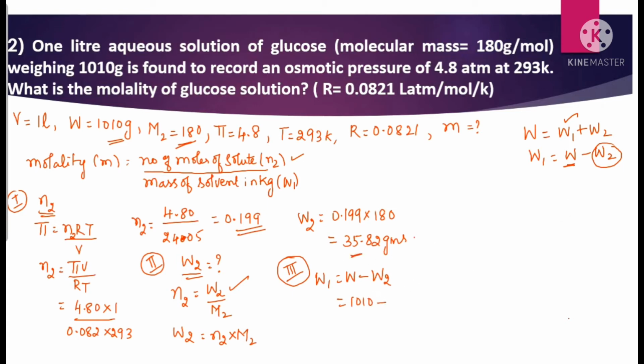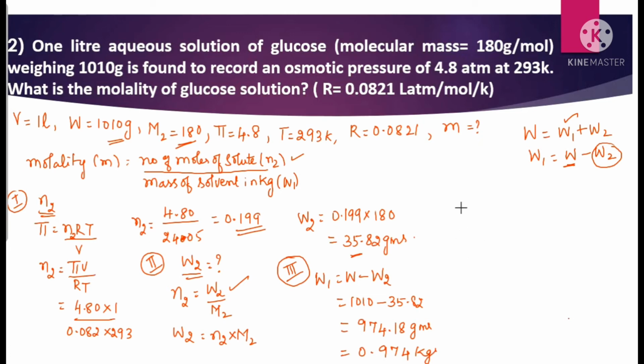Here it is 35.82. Find out the answer. It is 974.18 grams, but we are in need of the mass of the solvent in kilograms, so we can convert this grams to kilograms. So it is 0.974 kg.